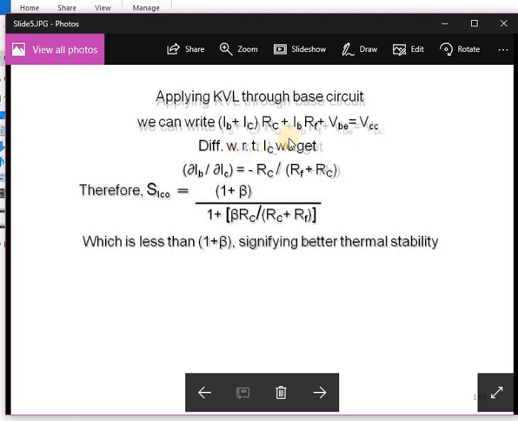Again, differentiate this equation with respect to IC. When we differentiate with respect to IC, we get dou IB by dou IC equal to minus RC by (RF plus RC).